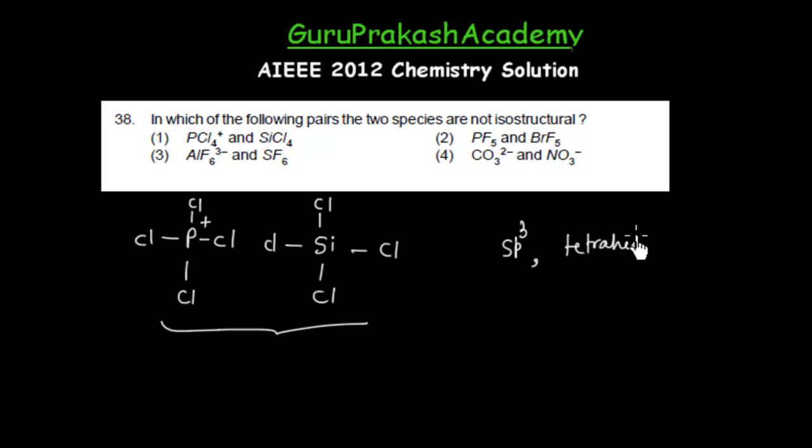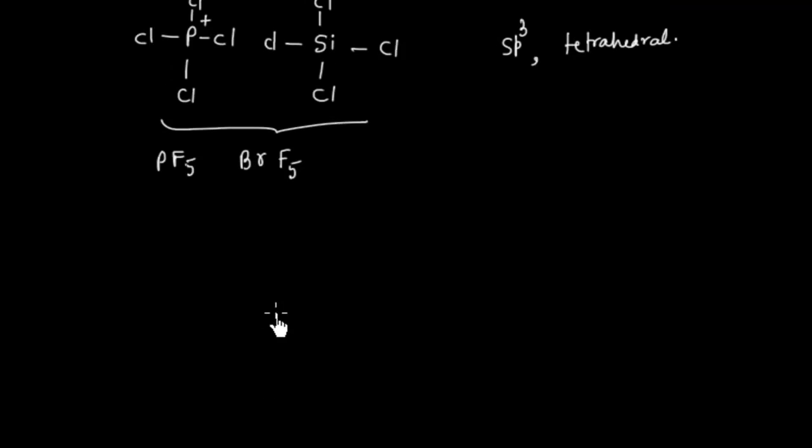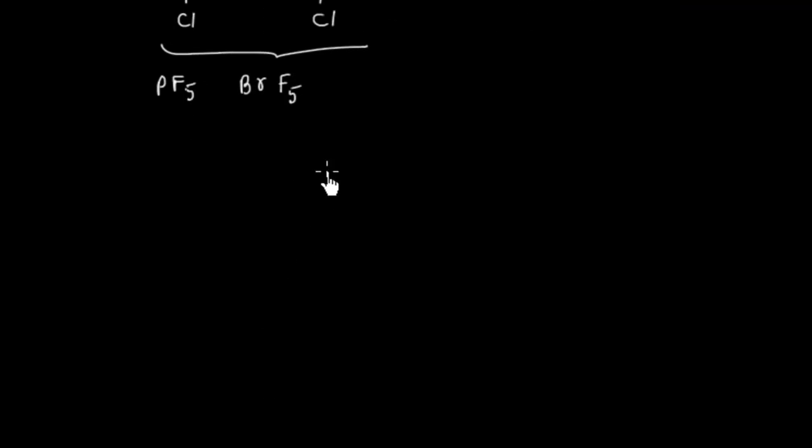Now if you see this one, PF5 and BrF5, it looks like both have the same number of groups, but if you write the Lewis dot structure, you will find these two compounds are not isostructural. In PF5, you have 5 bonds and no lone pair on phosphorus.